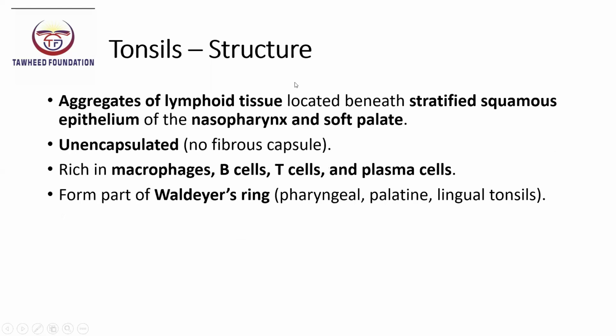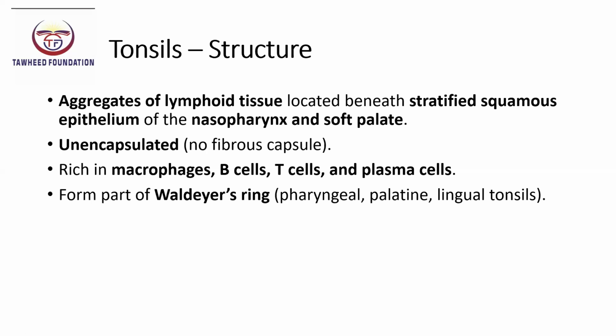Next is tonsil structure. The tonsils are masses of lymphoid tissue situated beneath the stratified squamous epithelium of the nasopharynx and soft palate. Unlike other lymphoid organs, they are unencapsulated, meaning there is no fibrous capsule separating them from the surrounding tissues.